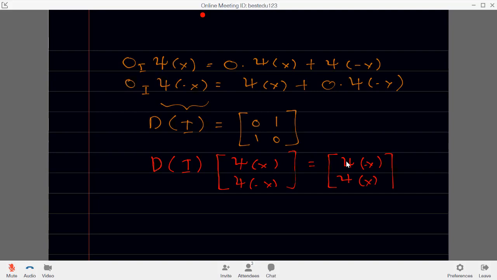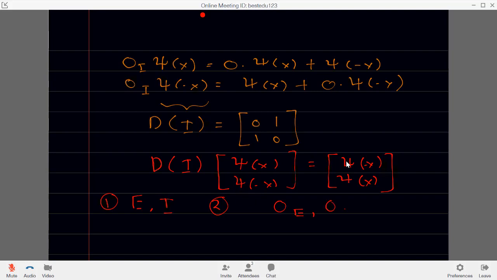So as you can see, there are 3 steps. Step number 1, the group elements act on the coordinates. Second, depending on how they act on the coordinates, we formed group operators that act on the function.